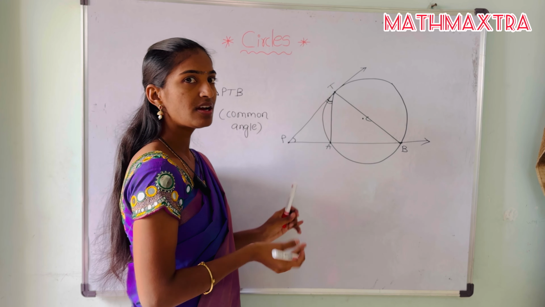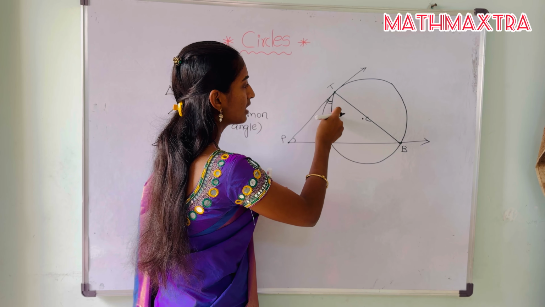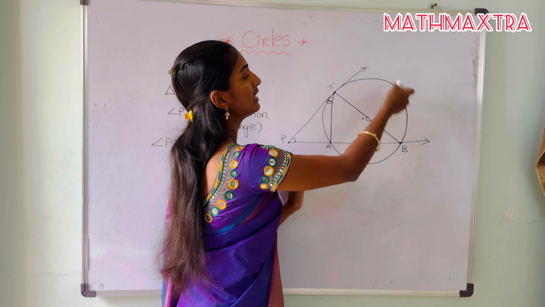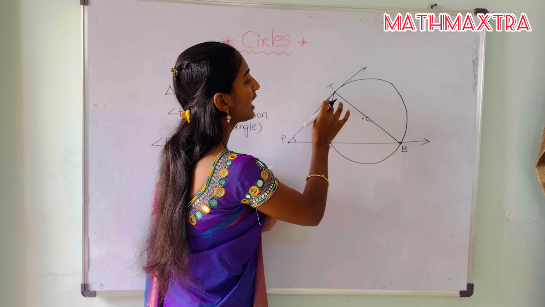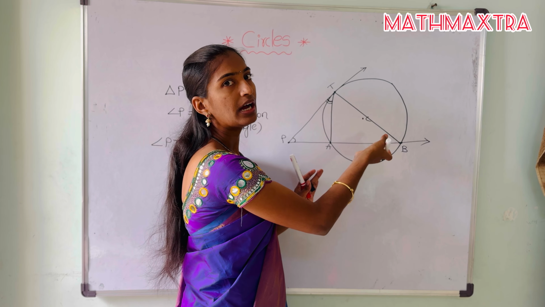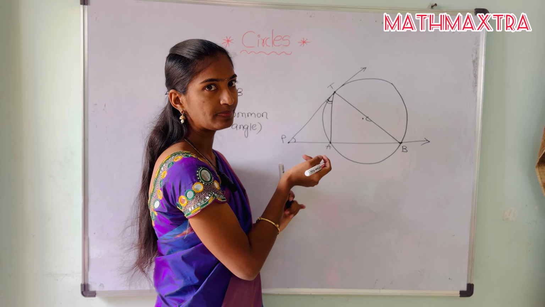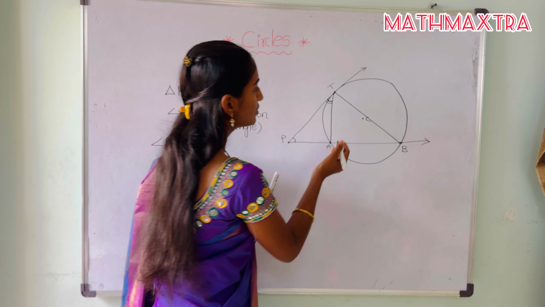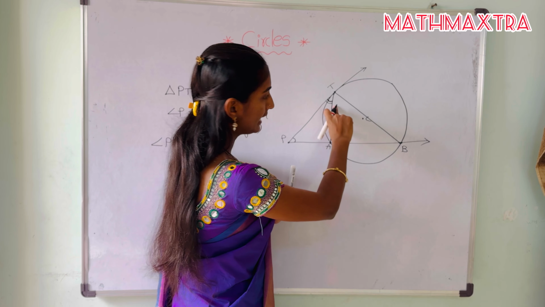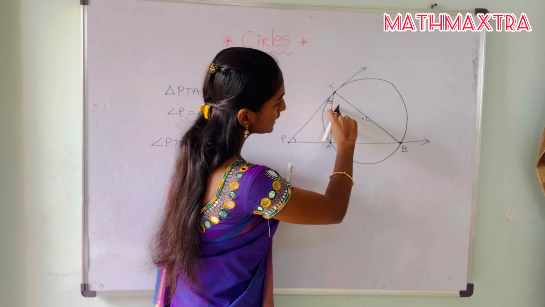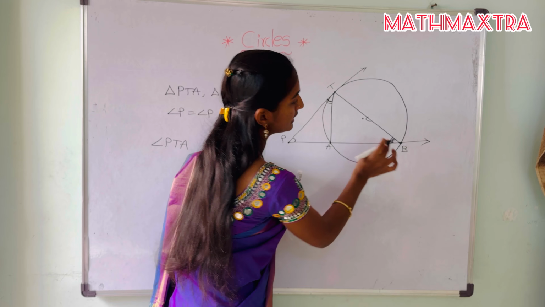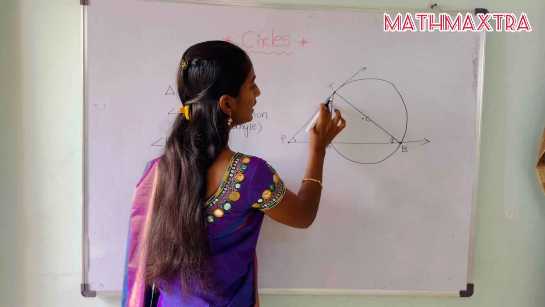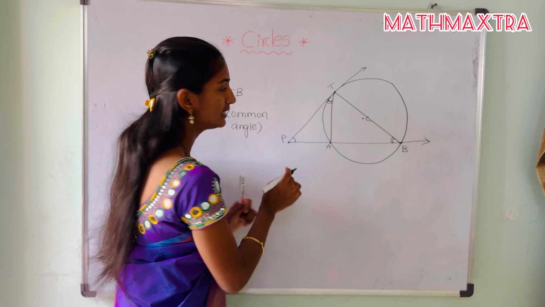Just now we have seen that if this chord makes an angle in the alternate segment, then this angle and the angle in the alternate segment are equal. So this is the AT chord and it is making an angle in the alternate segment, that is at B. These two angles are equal, isn't it?